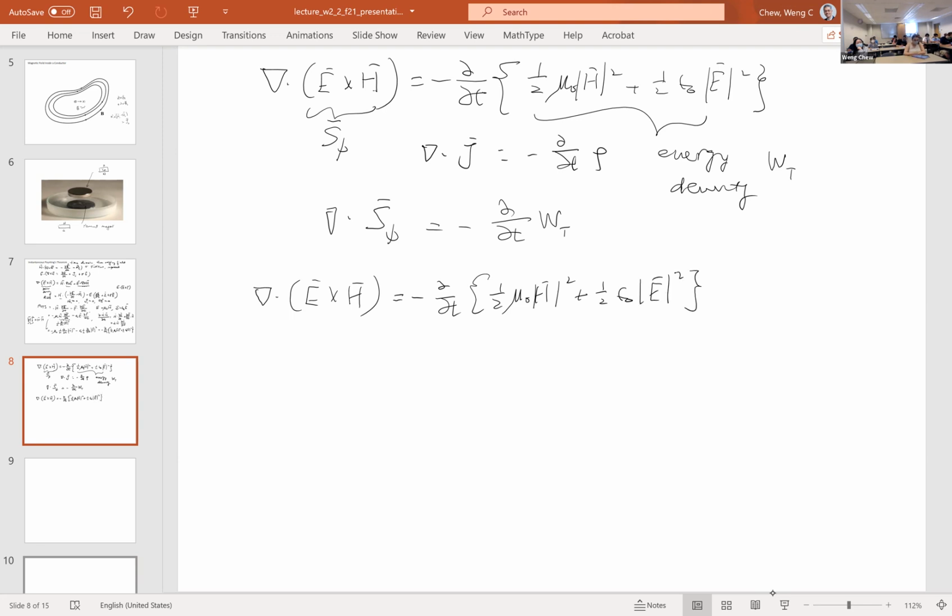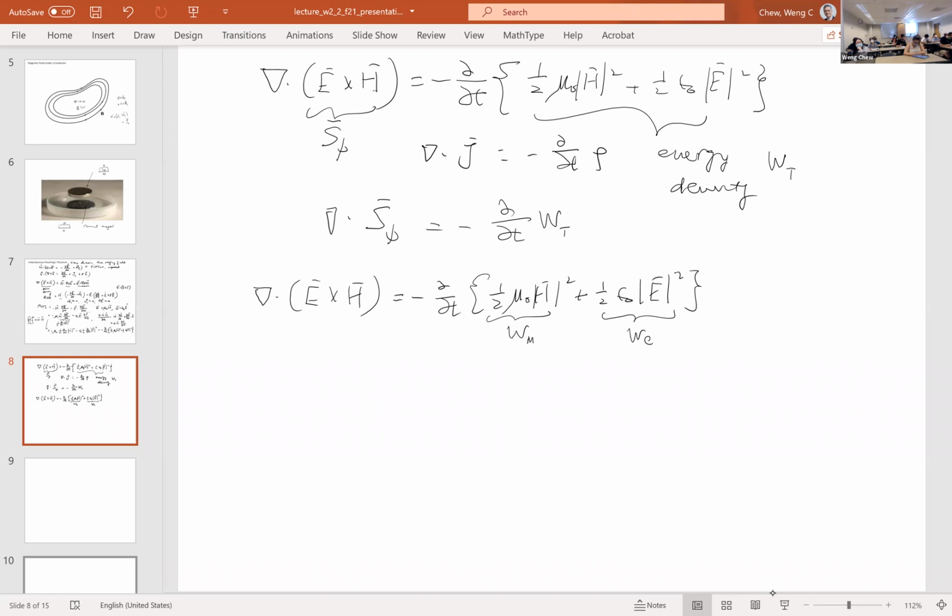You probably have learned in your undergraduate courses that this is the energy density in the magnetic field, and sometimes it's called W_m. And this is the energy density in the electric field, which sometimes is called W_e.